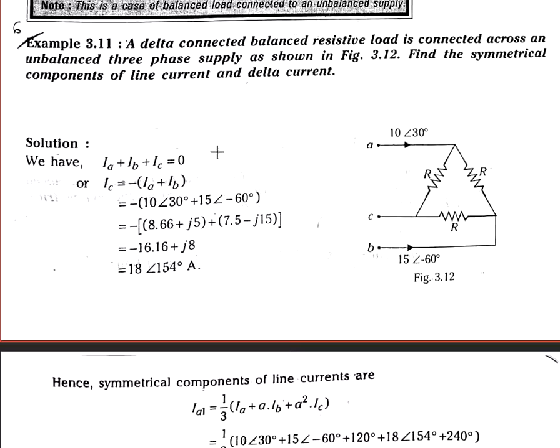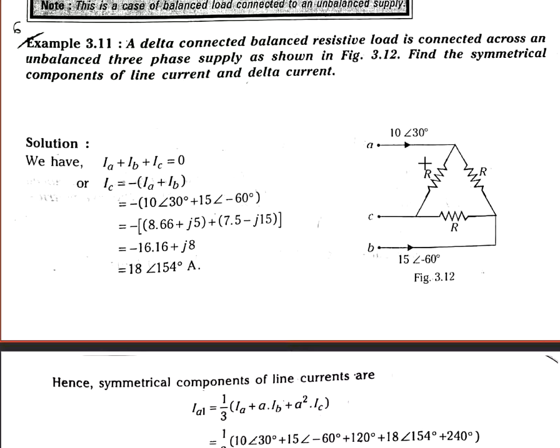Please take down this question. A delta connected balanced resistive load is connected across an unbalanced three-phase supply. Find the symmetrical components of line current and delta current.